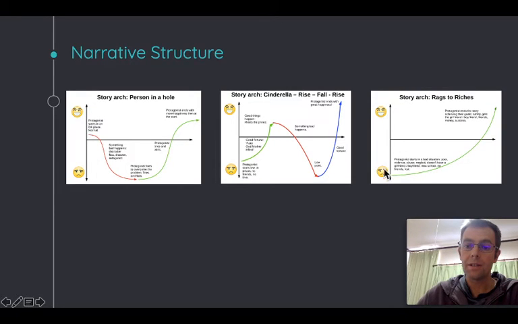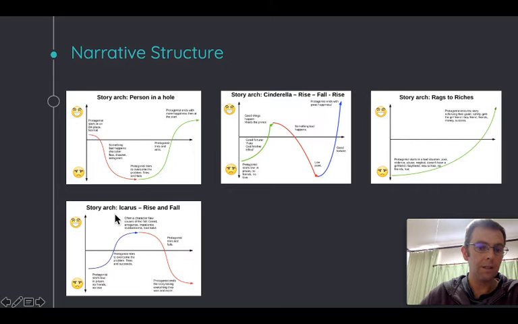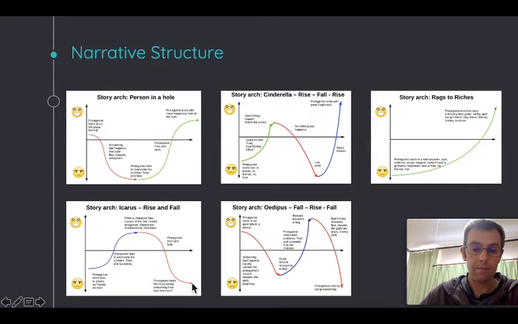Rags to Riches: really bad at the start, really good at the end. The Icarus story, or Rise and Fall: it's the inverse of the Person in a Hole story. Things start off pretty bad, things get better, and then things get really bad again. The Oedipus story. Again, this is the inverse of the Cinderella story.